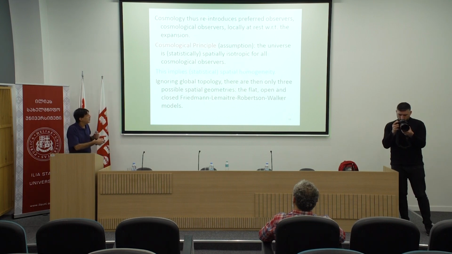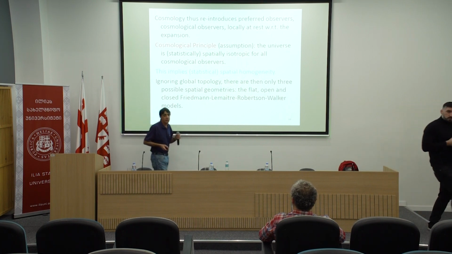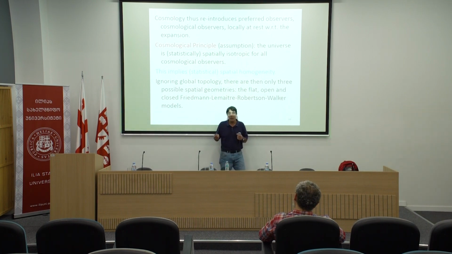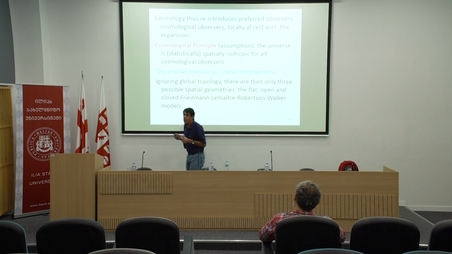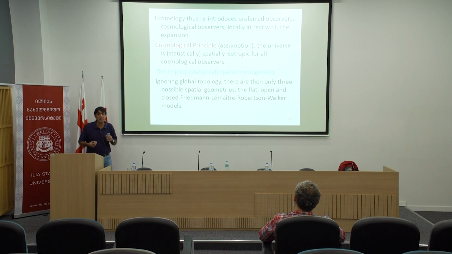And then because you're translating yourself, so if you think of yourself as being on the Milky Way and looking around and it looks isotropic, and then you translate yourself to Andromeda and look around and it looks isotropic, then it's easy to see that you have to be in a system with much more homogeneity, much more symmetry, which is a homogeneous system. And so an isotropic system from 2 points in space implies that you have a homogeneous system.